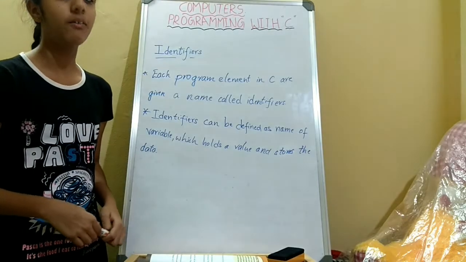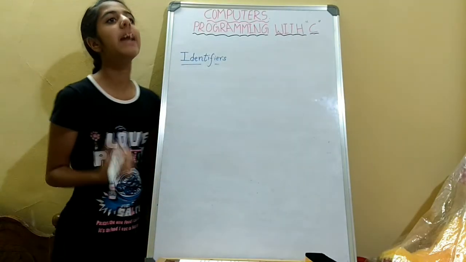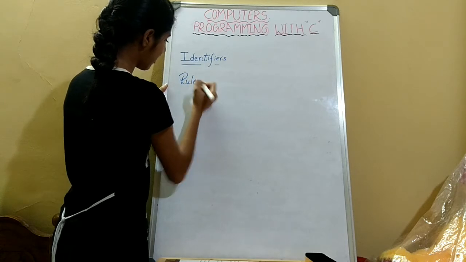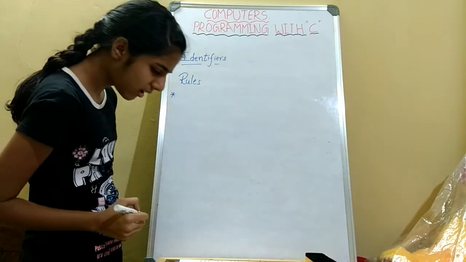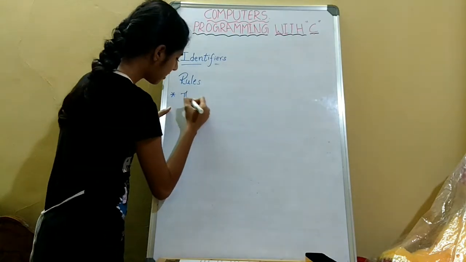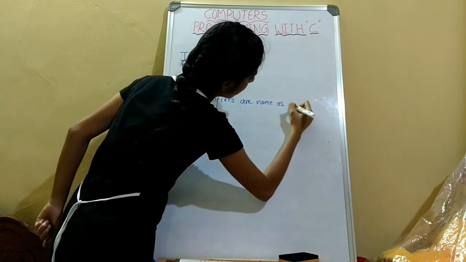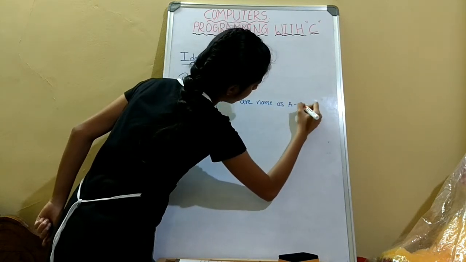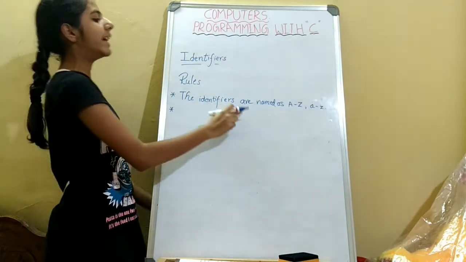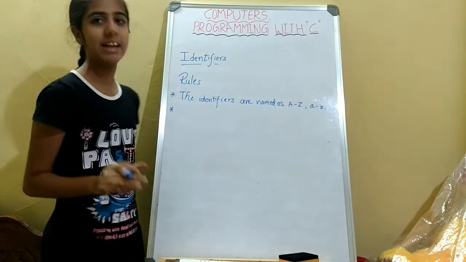Now I will tell the rules of it. Please note it down. First rule, the identifiers are named using capital A to Z and small a to z.